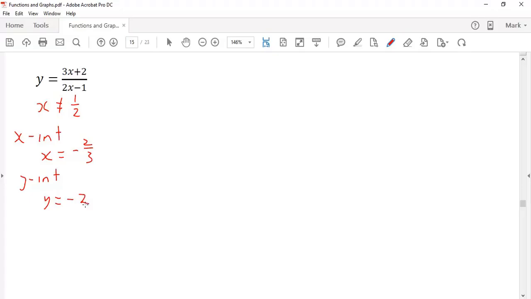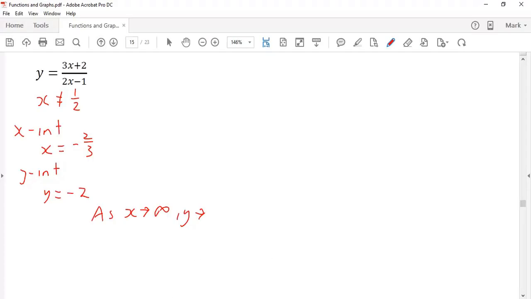What we're going to do differently for this one is analyze the graph near the asymptotes and as it goes towards infinity. As x heads towards infinity, we want to find out what y heads towards.